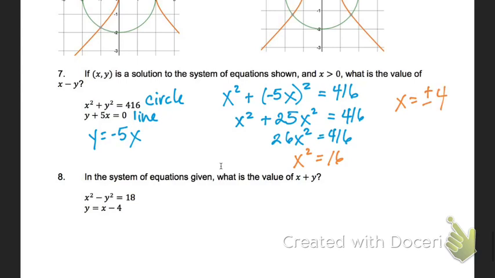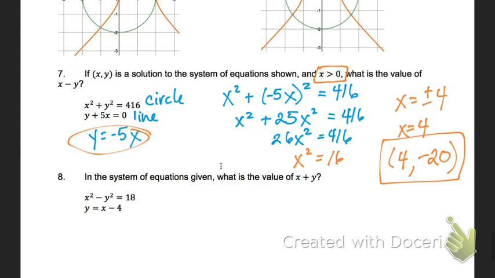Now, it tells me in the problem that x is greater than 0. So it has to just be the positive one. And when you plug it into the line, you get what ordered pair? Negative 20. Good. And then it says, what is the value of x minus y?